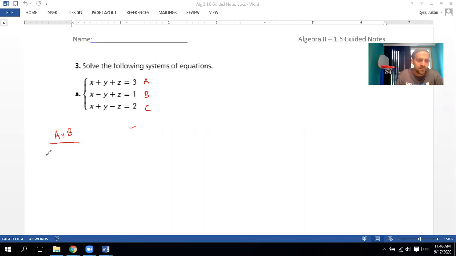I'm going to get rid of the y, so x plus y plus z equals 3, x minus y plus z equals 1. If I just add these together, I'm going to get rid of the y's.